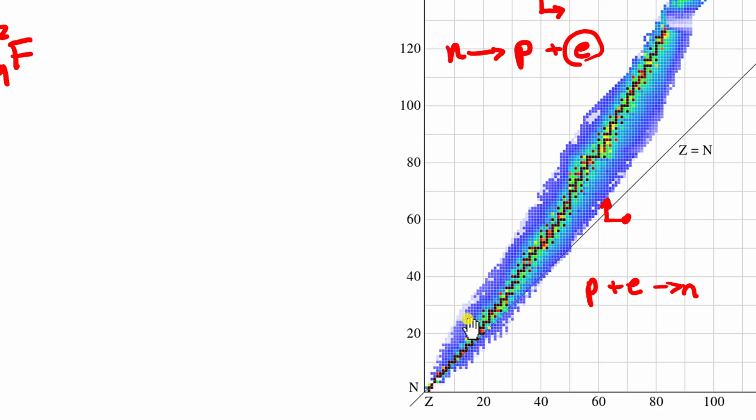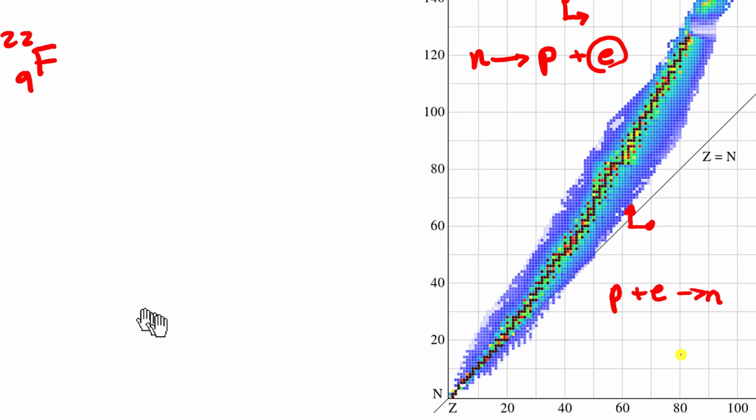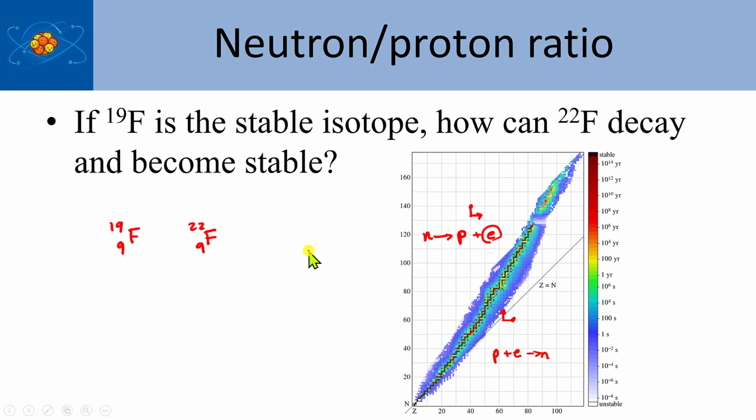If you're above the band of stability, what you'll want to do is drop the number of neutrons and increase the number of protons, which means most likely you'll be doing a beta decay. Okay, so anyways, that's just another way that this band of stability can be useful.